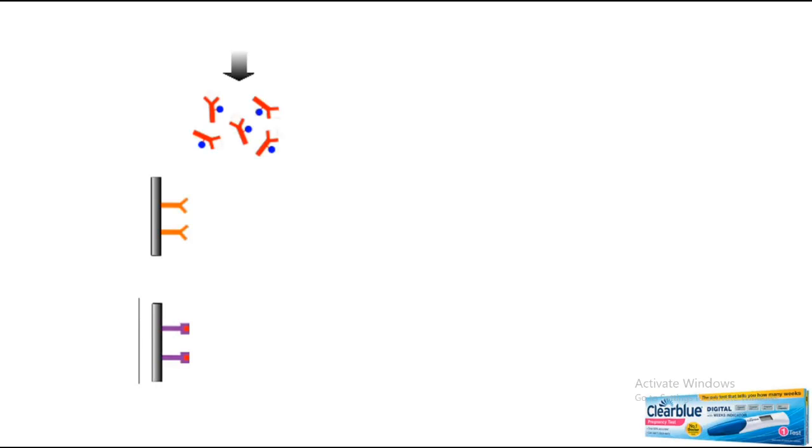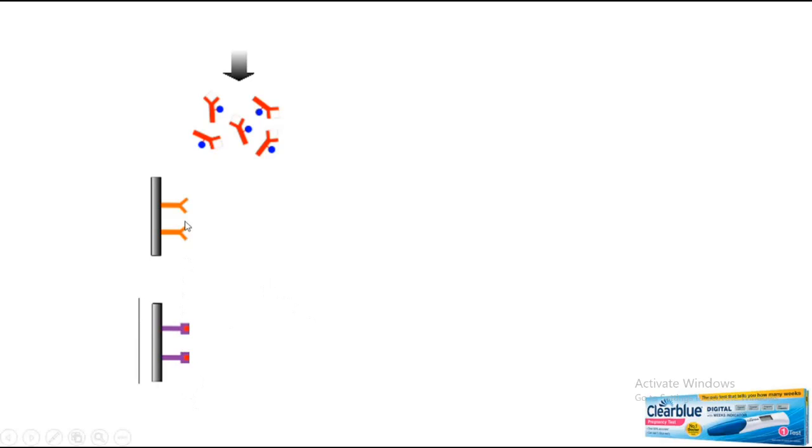So a more common example of a sandwich ELISA is your standard pregnancy test. So we're going to start off with how the pregnancy test works when an individual is not pregnant, okay? So this is the basic setup of the strip or the kit.